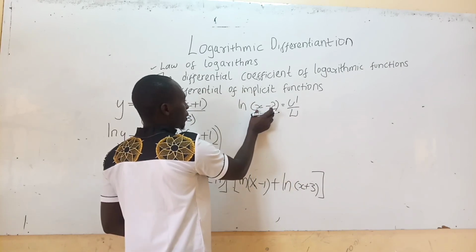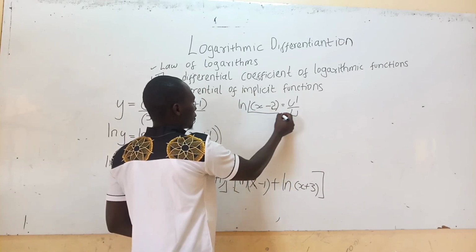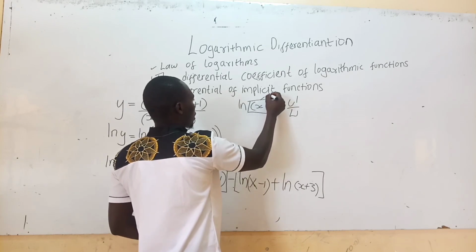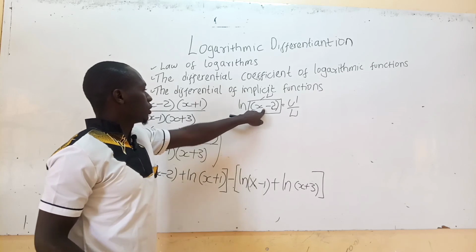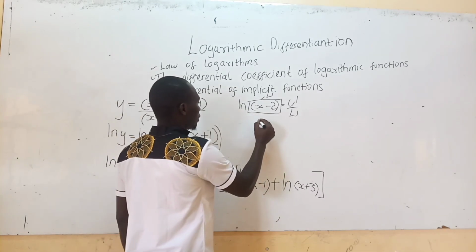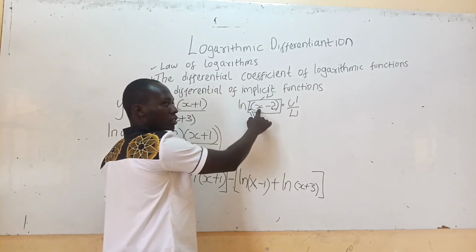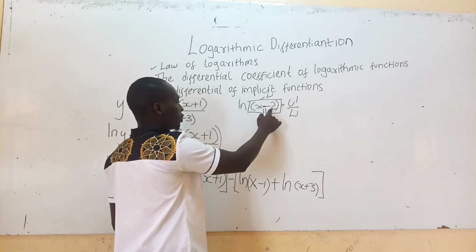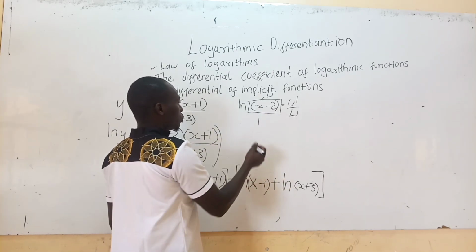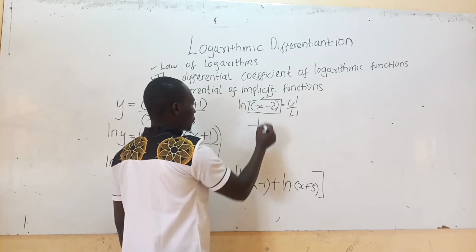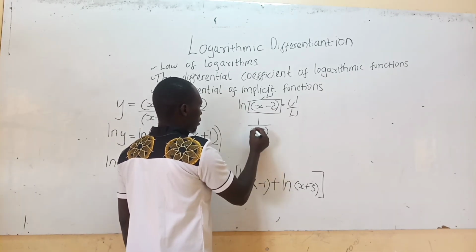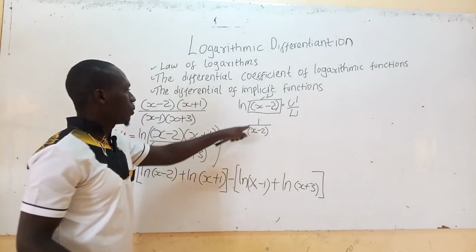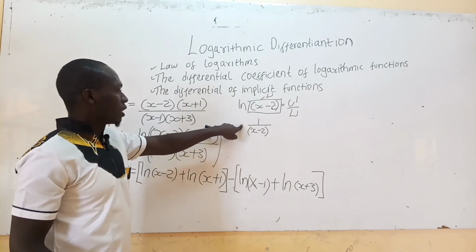When we do our differential, we take this one as our term of u. When we do our differential with respect to this one, we are going to have 1. The differential of this one is equal to 1. The differential of this one is equal to 0. All over x minus 2. So this is how we do the differential of the natural logs.